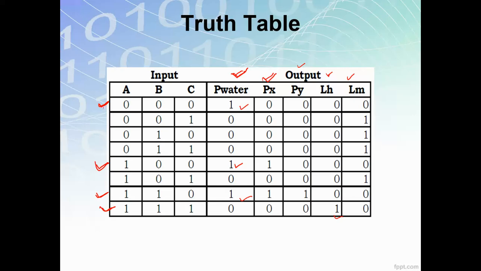Okay, so at the 0, 1, 2, 3, 4, 5, 6 and 7. Sebab you have 3 inputs kan. Okay, so dekat 0, okay, dekat 4 will be on and dekat 6.